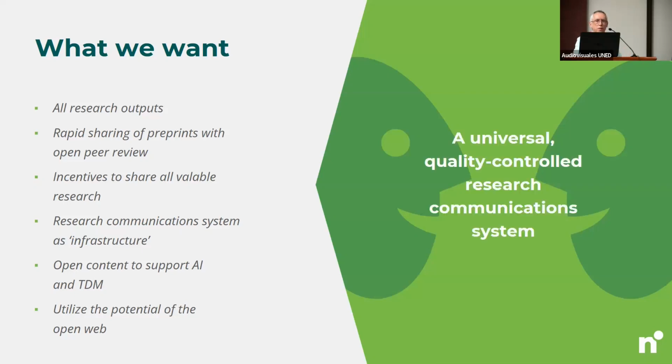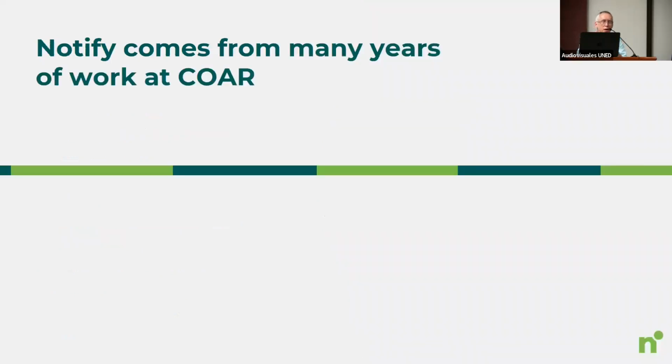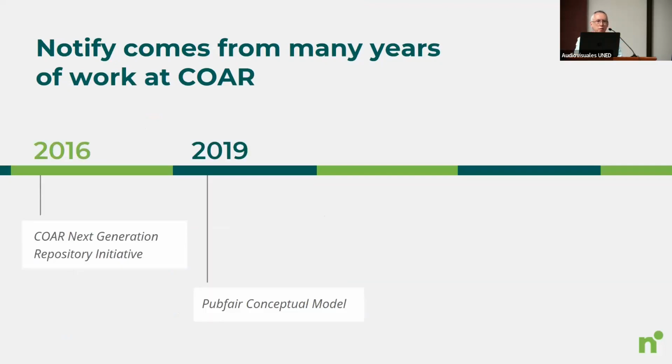We have not used all the potential of the web. So our vision is a universal quality-control research communication system that can also be related with this vision of the knowledge commons that COAR has been working on for several years.